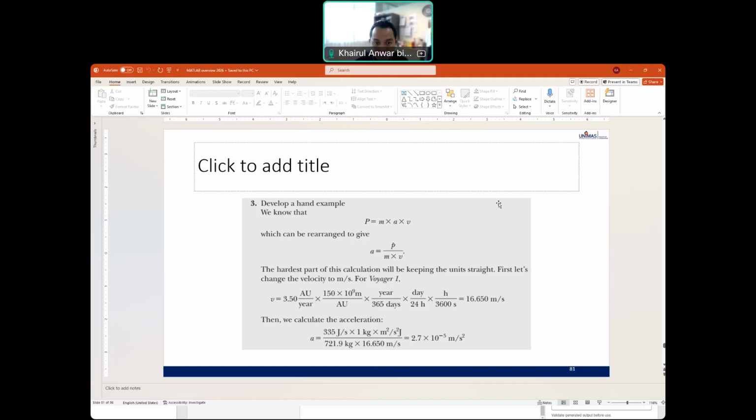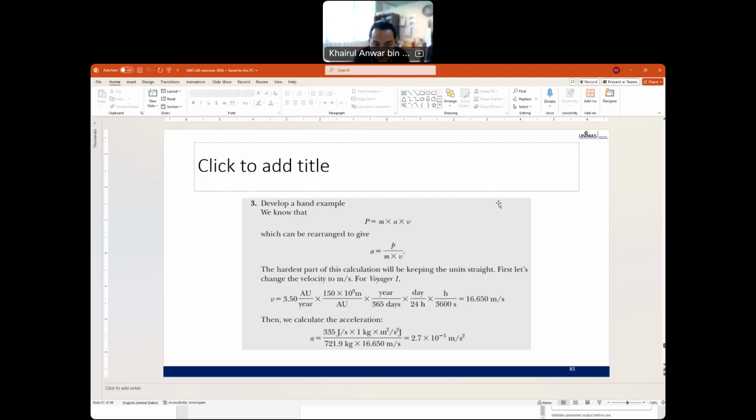So for this part, using the equation that is derived earlier, P equals m a v. We rearrange to a equals, where a refers to the acceleration, so equal to P over m v.